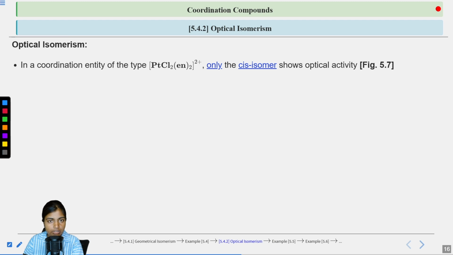Now in a coordination entity of type platinum Cl2 en twice, whole 2 positive, only the cis isomer shows optical activity. Okay, this you will see in figure 5.7. So if you have a coordination entity of this type, only its cis isomer is going to show the optical activity.